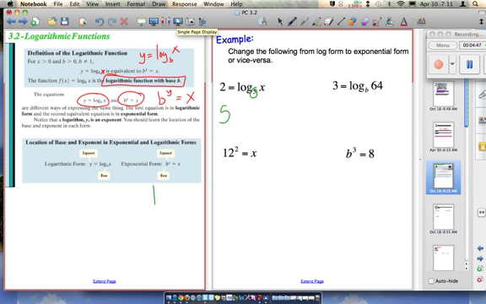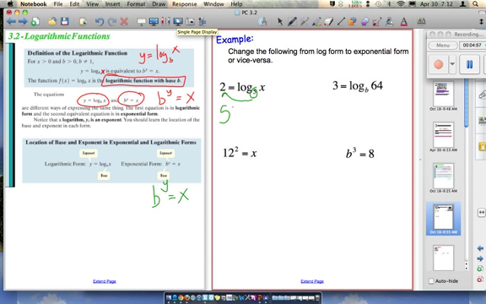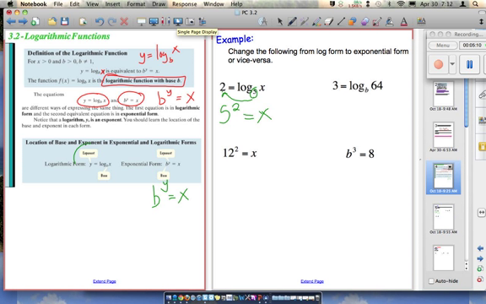So just like it's described here, b is the base, y is the power, x is the output answer. So we're saying 5 to the second power in this case equals x. So this tells me that x must be 25. 5 to some power 2 equals x. So the y value here is the exponent.